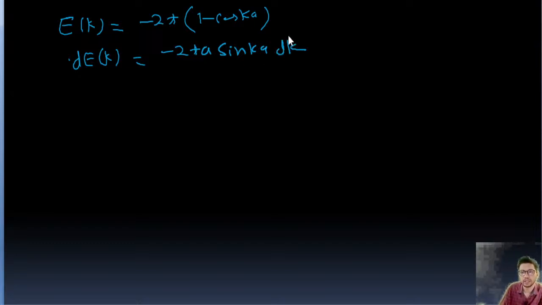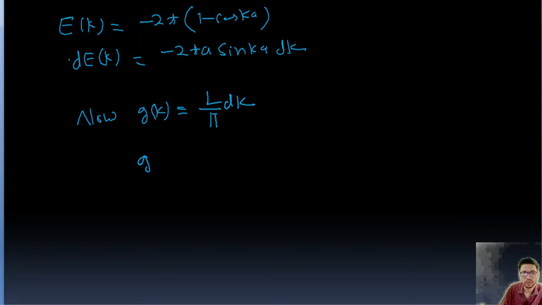Now we know that g(k) for 1D is L by pi dk. So now what we are going to do is put the value of dk.